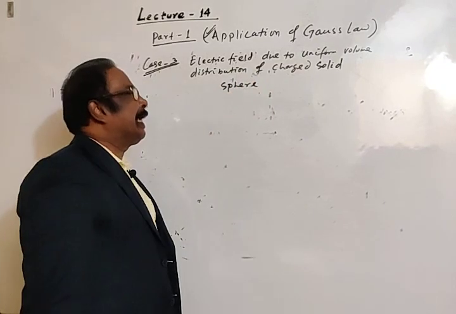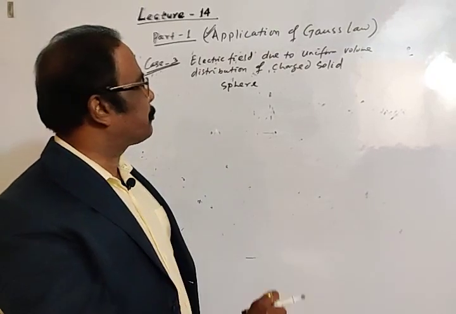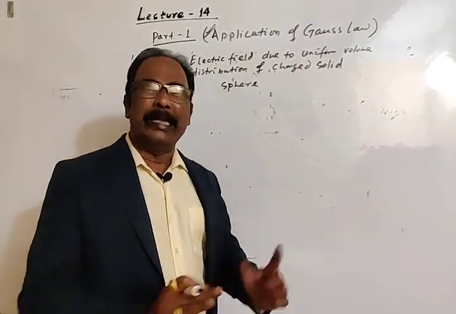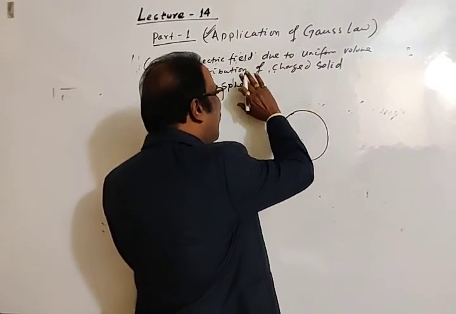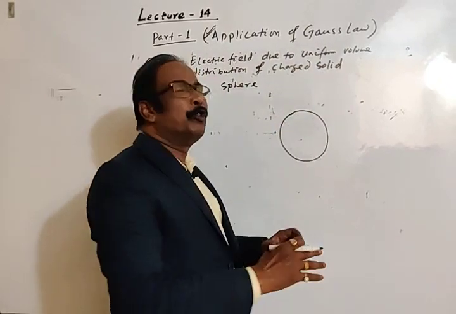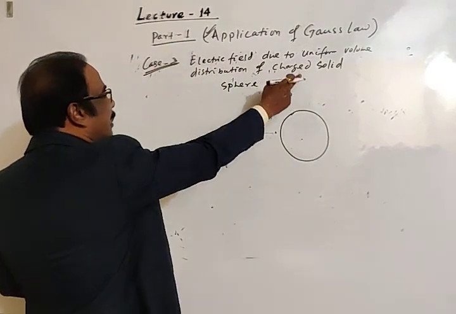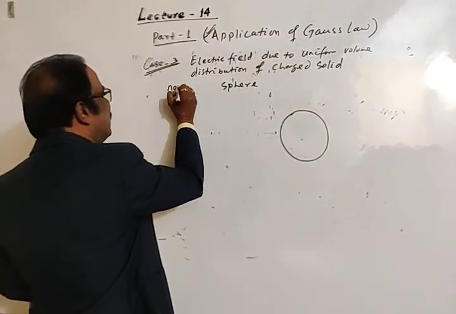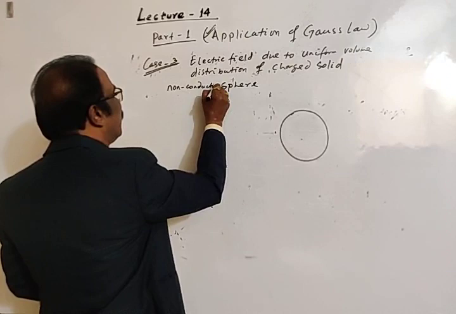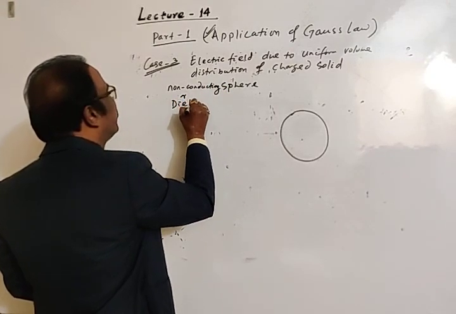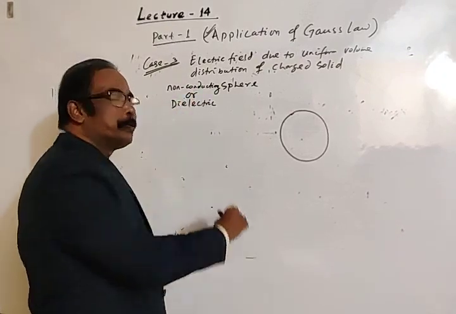But here, electric field due to uniform volume distribution of charge in a solid sphere. Means, if this is a solid sphere, charge is distributed uniformly throughout its volume. So obviously, this is a charged solid, non-conducting or dielectric sphere.